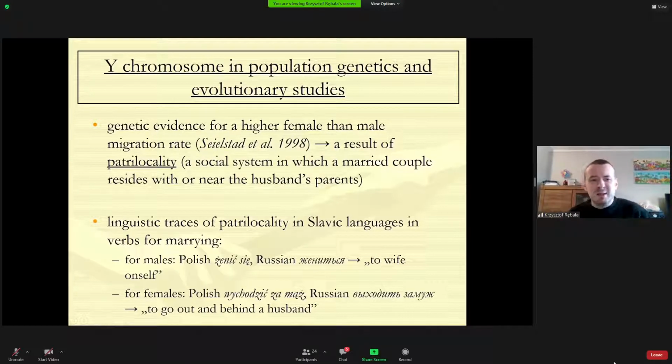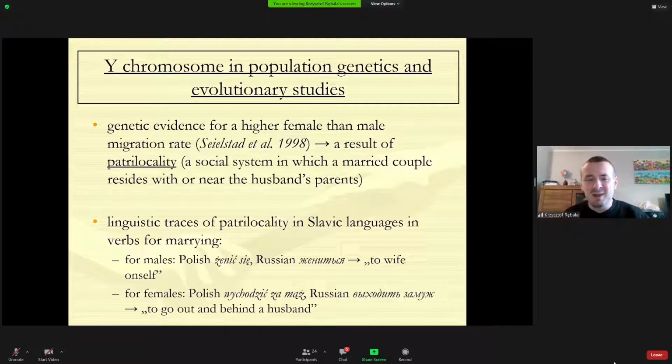And just to tell you that this patriarchality is preserved linguistically in Slavic languages in the verbs for marry. In Slavic languages, like Polish, Russian, Czech and many others, we have different verbs for marrying for a man and for a woman.